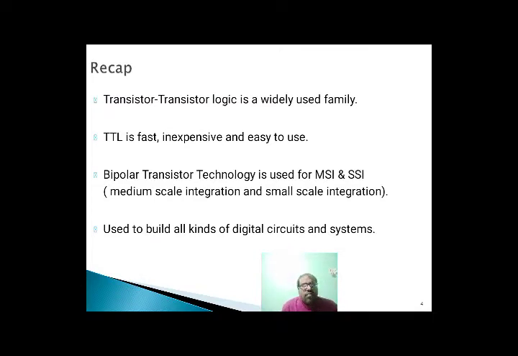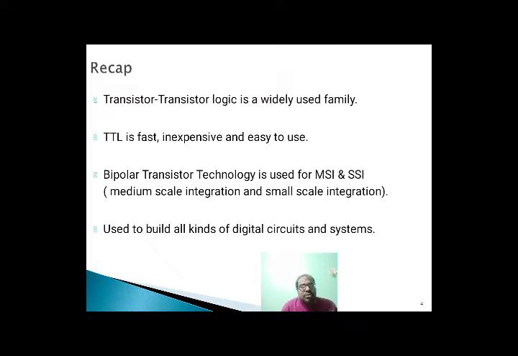TTL is a widely used logic family. TTL means transistor-transistor logic. The basic element in TTL circuits is the bipolar transistor.